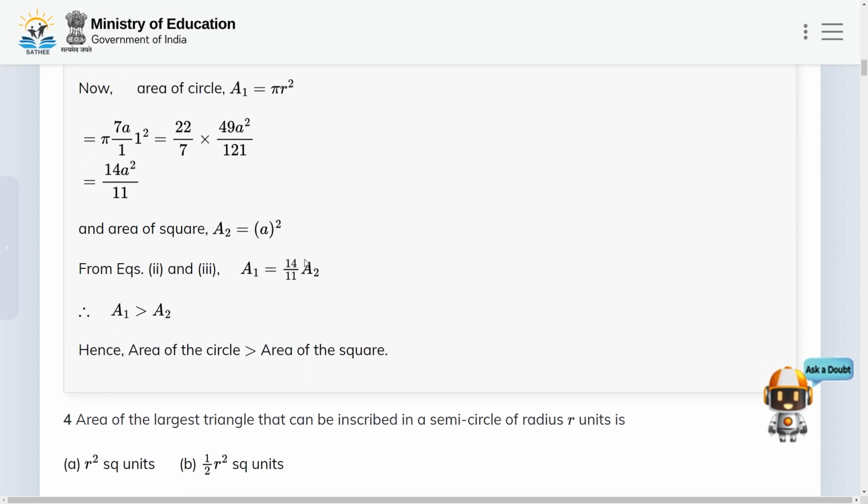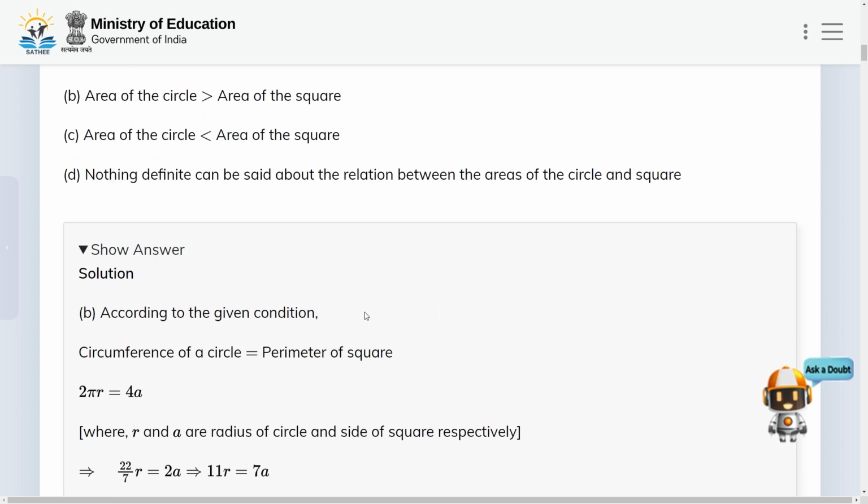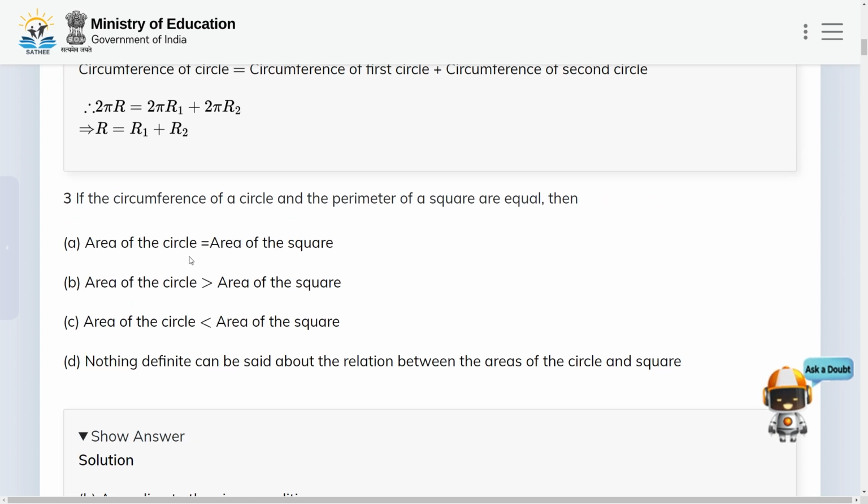So A1 is greater than A2, hence the area of the circle is greater than the area of the square. So option B is the correct answer.